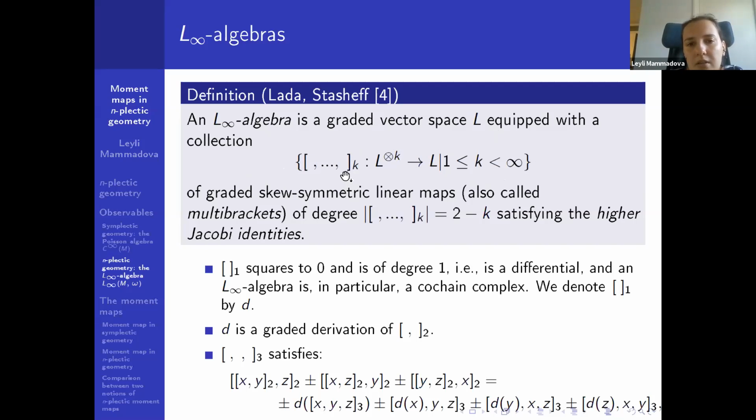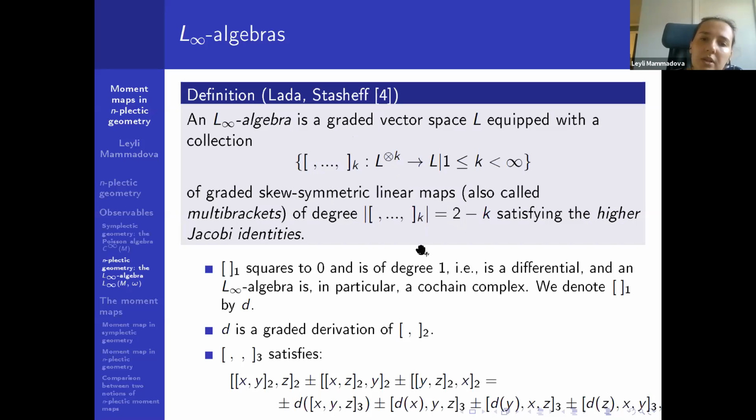The first map, indexed by 1, takes one element and has degree 1. Then the second map takes 2 elements and has degree 0. The third map takes 3 elements and has degree minus 1, and so on.